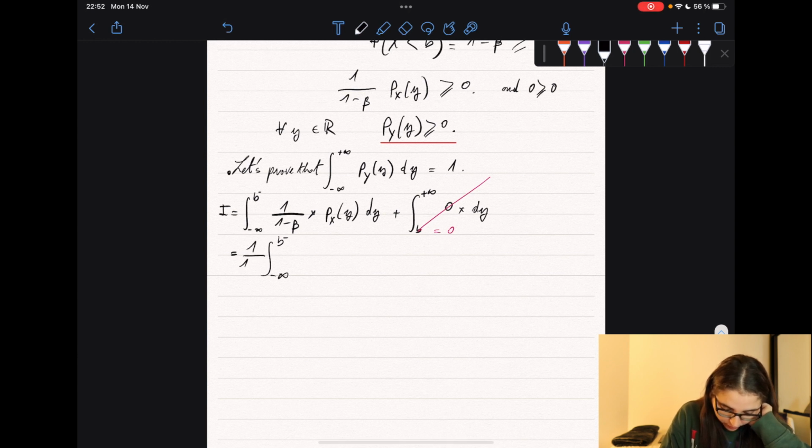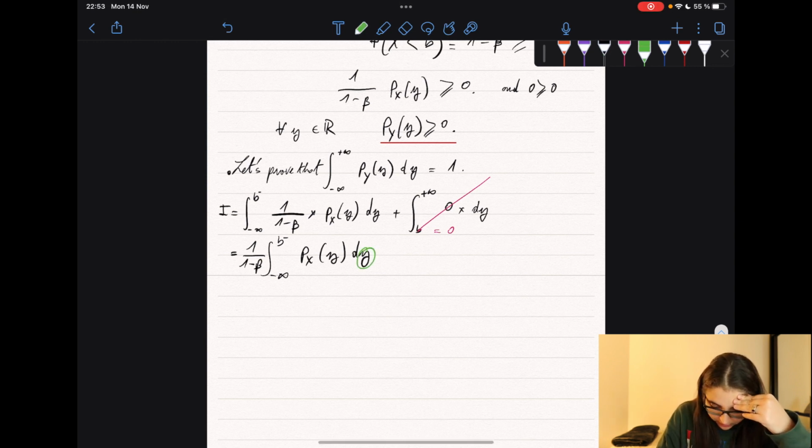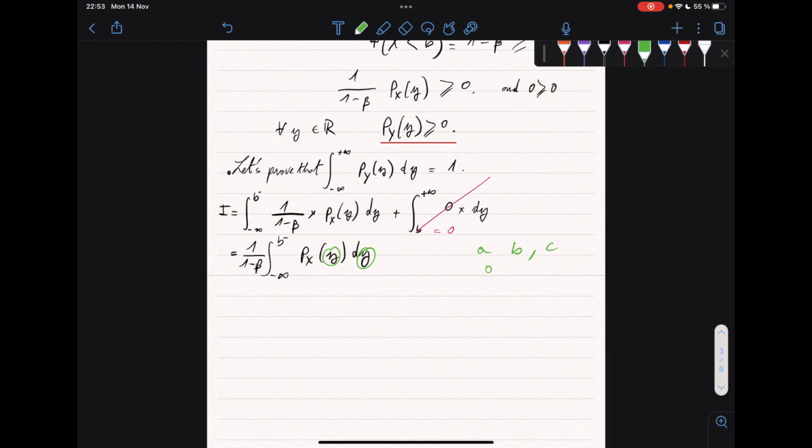So 1 over 1 minus beta times px of y dy. Keep in mind that this y here doesn't really matter what we call it. You can call it a, b, c, d, well, not d because we have a dy, because it means differential.